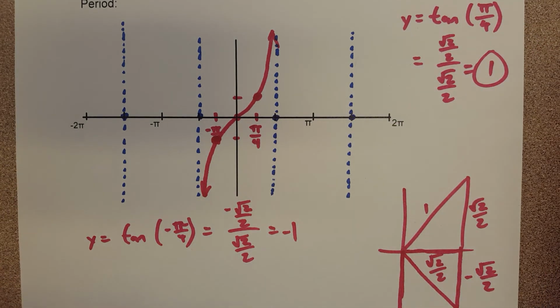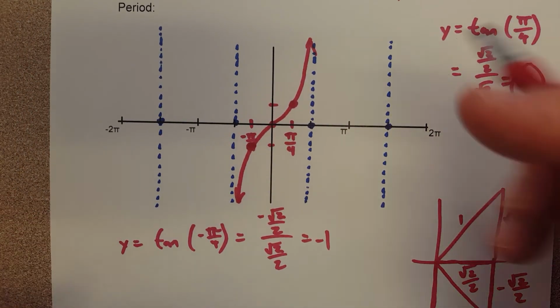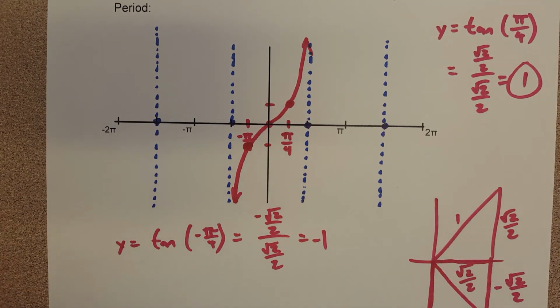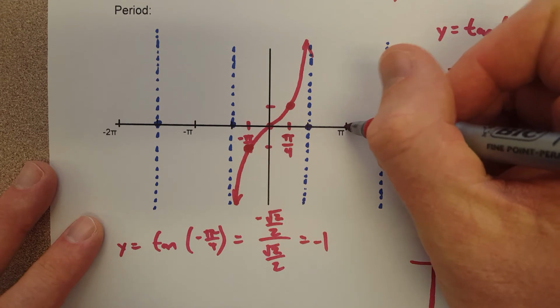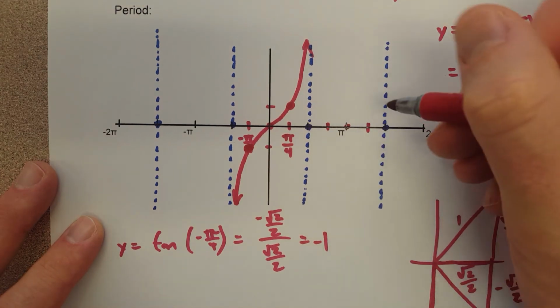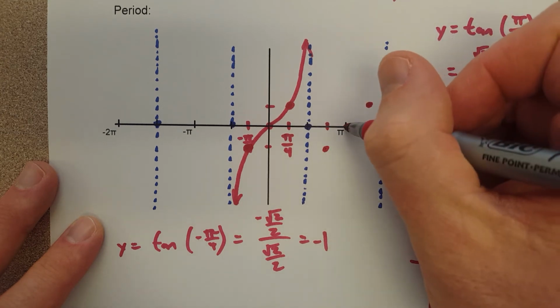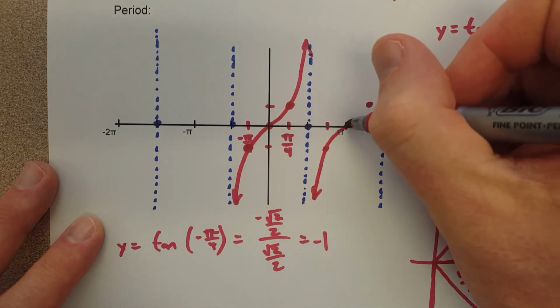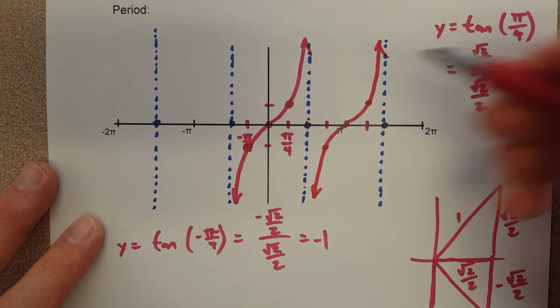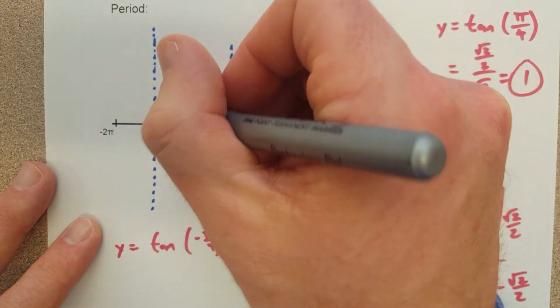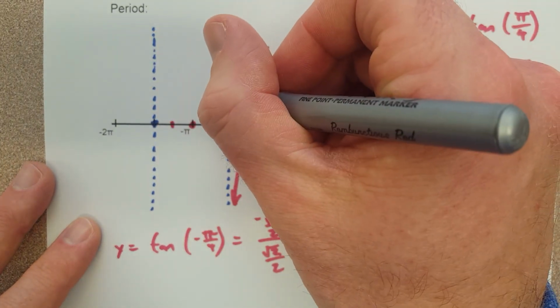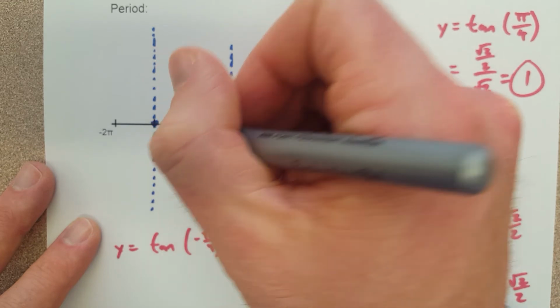And the good thing about tangent graphs is that once you've got one branch, you've got them all. They just repeat themselves, so I could go here and just do the same shape. They're all going to go the same direction. They're going to have the same numbers for the points, and I'll get just a few extra pieces so that we can have a full picture of this.